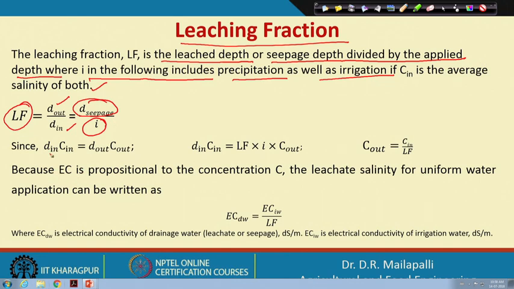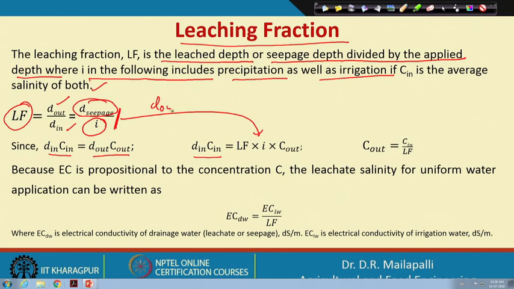Since d in C in is equal to d out C out in the case of the steady state salt balance equation, as previously explained, you can now put the values in.